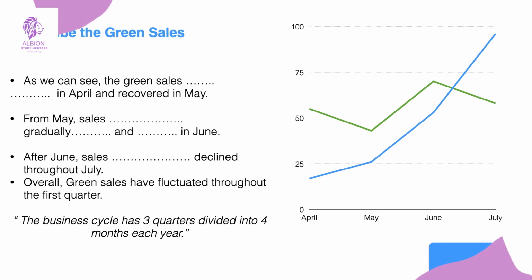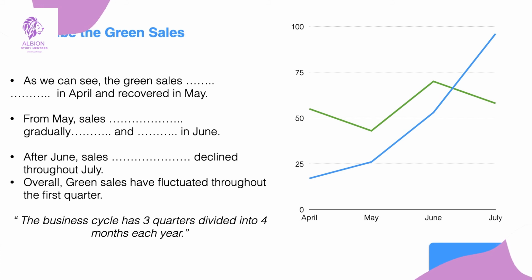For the green sales, April and May, you can see that in April sales were going down. But something happened in May. Things changed. So as we can see, the green sales declined in April and recovered in May. Recover is positive. Things got better.